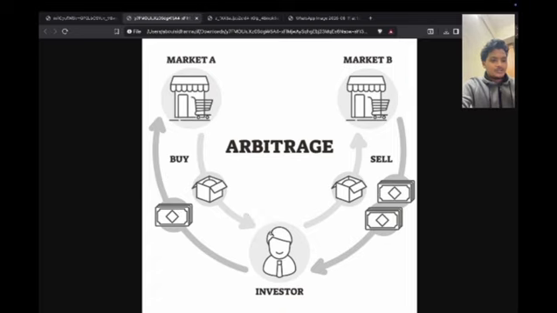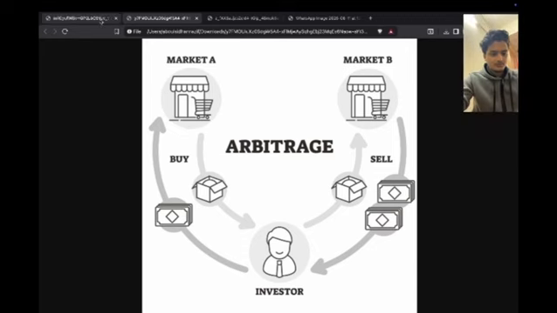Then the investor takes the same product to market B, where the price is higher, and sells it because the selling price is greater than the buying price. The investor makes a profit. This profit earned from the price difference is called arbitrage.